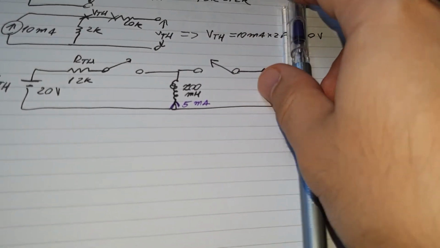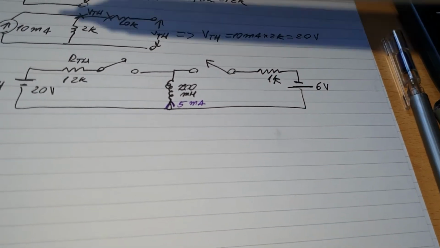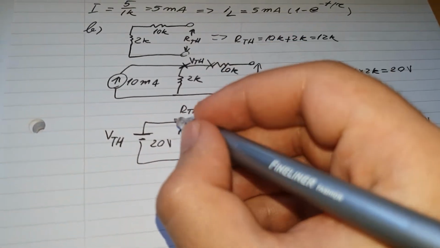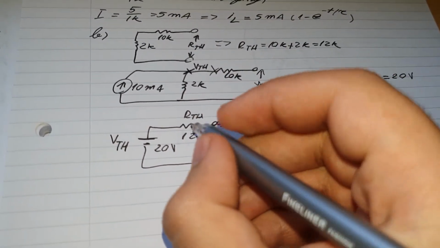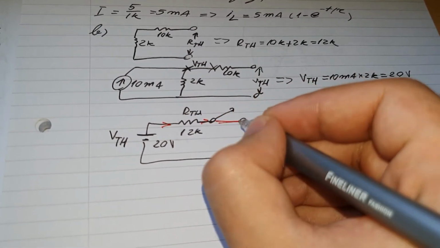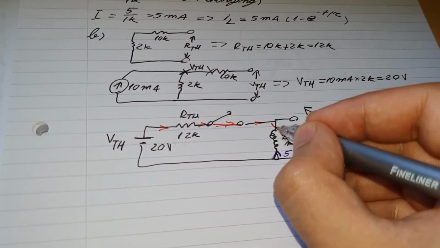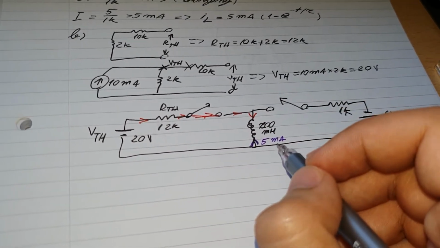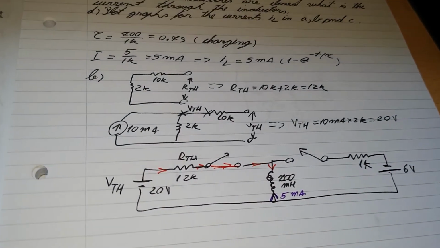So let's pick another color, using red. Using red, let's mark the direction of this voltage, which will go, there's a wire, and the voltage will simply go in this direction to the resistor, and oh my, as you can see, it goes in the opposite direction of the 5 milliamps. Well, what does that mean?